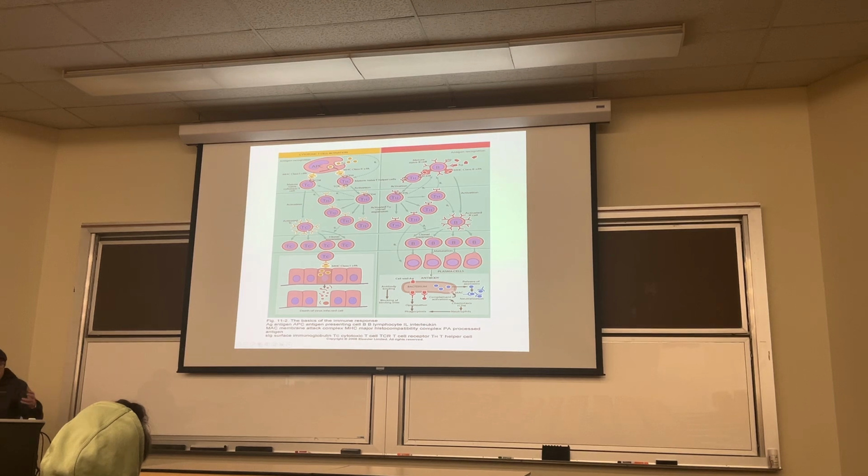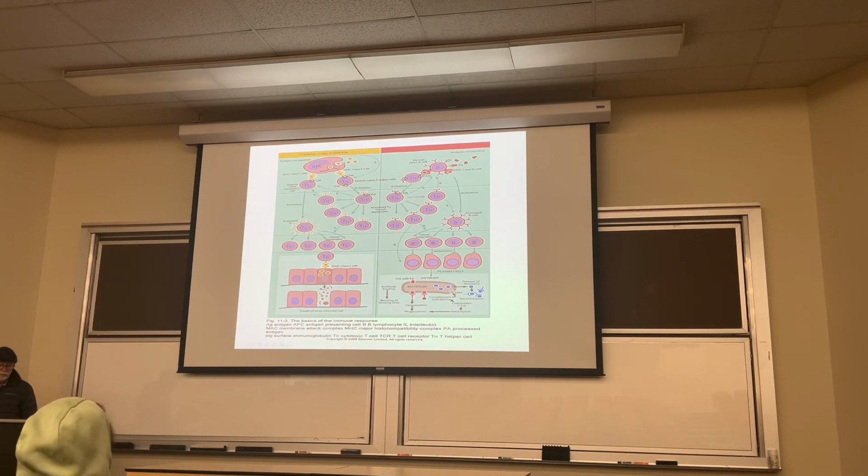It divides and becomes activated. The T helper cell helps in this process by releasing interleukins, interleukin 1 and 2. This causes the cytotoxic T cells to expand and form more of them.